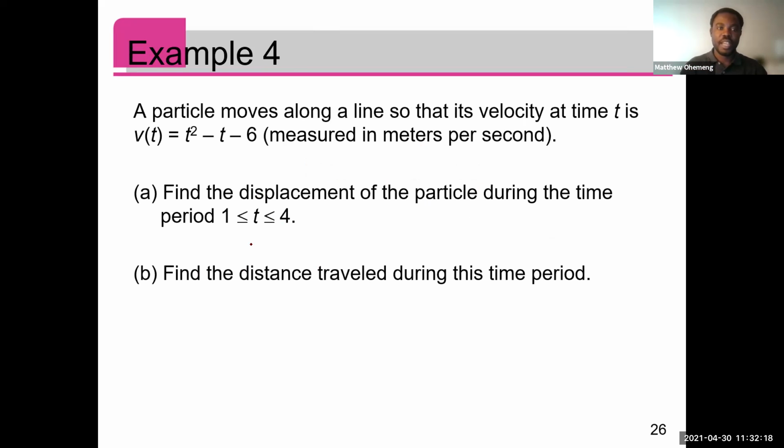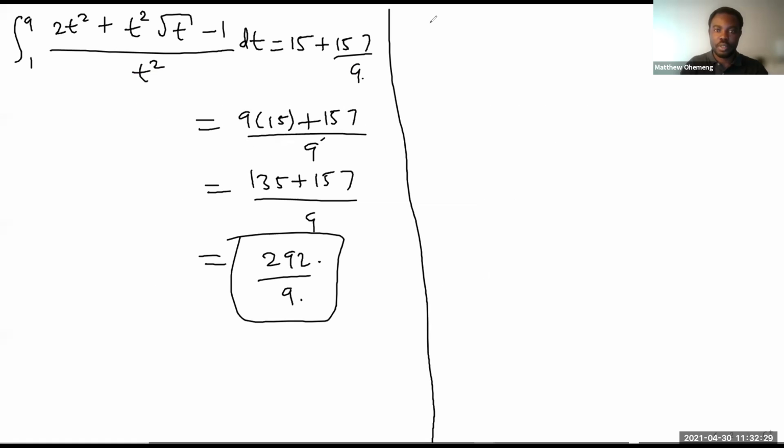So for part A, it says find the displacement of the particle during the time period 1 to 4, right? We are given the velocity function. We have to find the displacement. So let me do that on a whiteboard. So this is example 4 on slides.